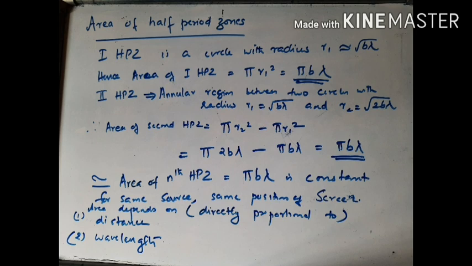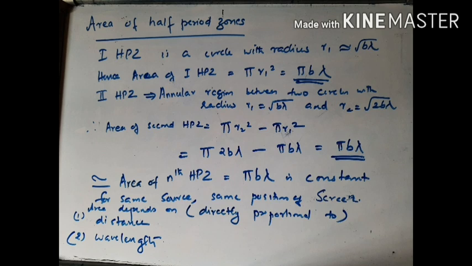Substituting for r2 and r1, we get pi 2b lambda minus pi b lambda, which is equal to pi b lambda. In general, the area of nth half period zone can be taken as pi b lambda, which is equal for all half period zones.